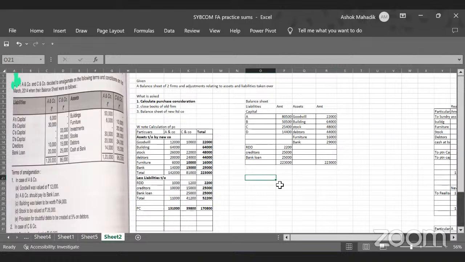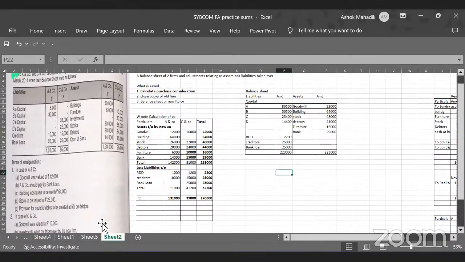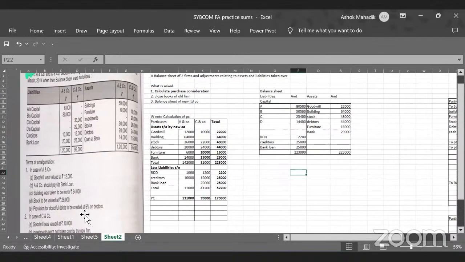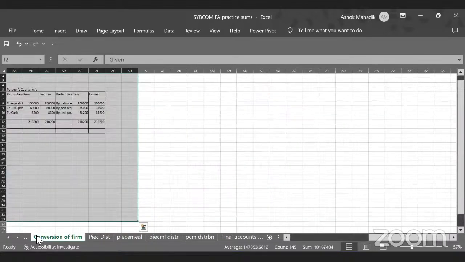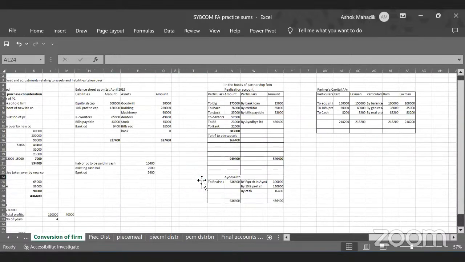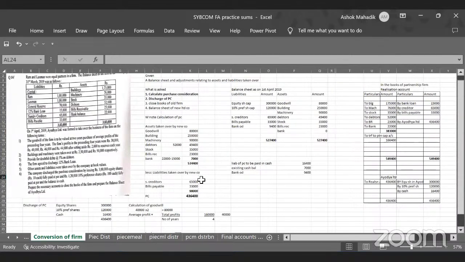So that's it, students. I hope you understood. Now I'll go to yesterday's sum. It is conversion. Let me find the sheet for that. Yeah, here. Yesterday we solved this conversion sum. You remember?